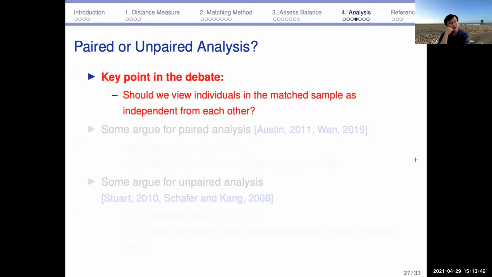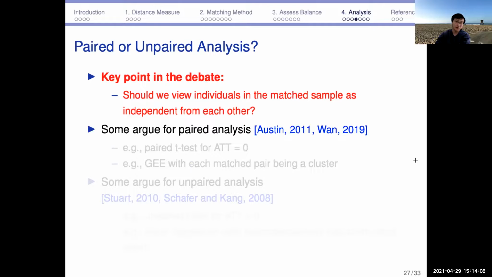Okay, so the first debate, paired or unpaired analysis. The key point in the debate is that should we view individuals in the matched sample as independent from each other? If we do paired analysis, for example, a paired t-test, looking at each matched pair as a pair, a treated and control, then we can do a paired t-test.